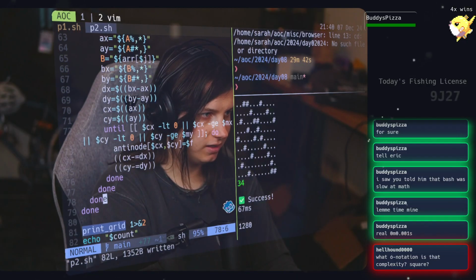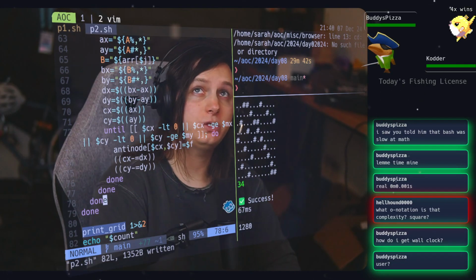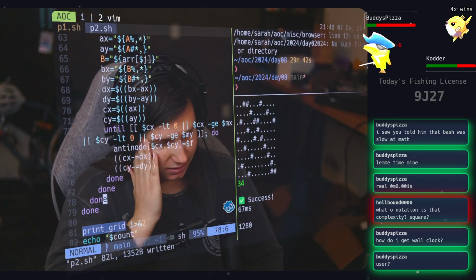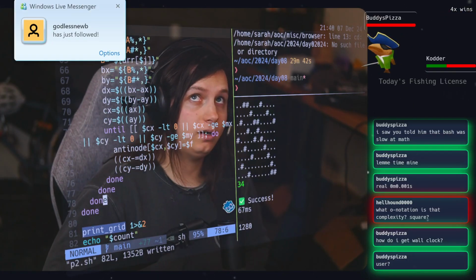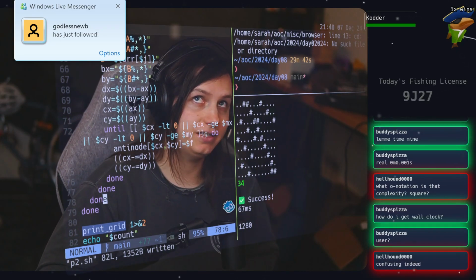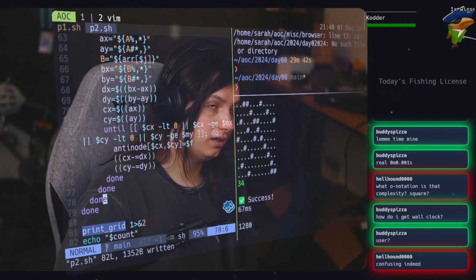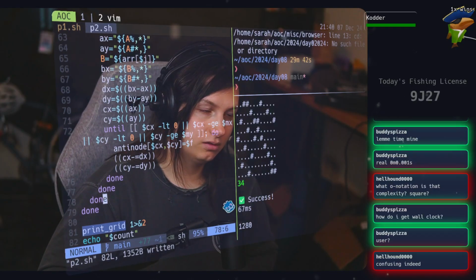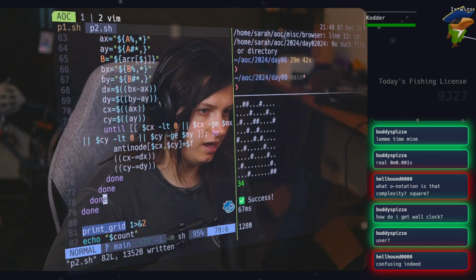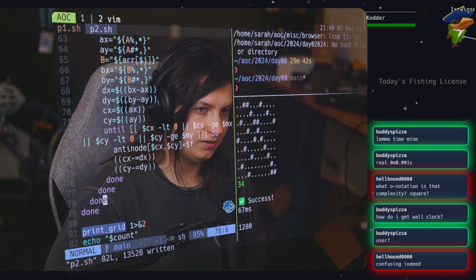What O complexity is that? It's confusing what it is. Because it's n squared times m, where n is the average size of the set, like how many antennas of the same frequency, and m is the number of frequencies.